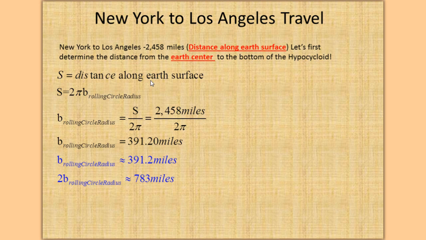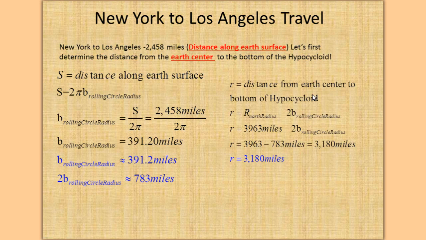So the distance along the Earth's surface, S, is equal to 2 pi times B, and B is the rolling circle radius. So if we divide through by 2 pi, we get B is equal to 2,458 miles divided by 2 pi, which gives 391.2 miles. And so we round that off, multiply that by 2, and we get approximately 783 miles.